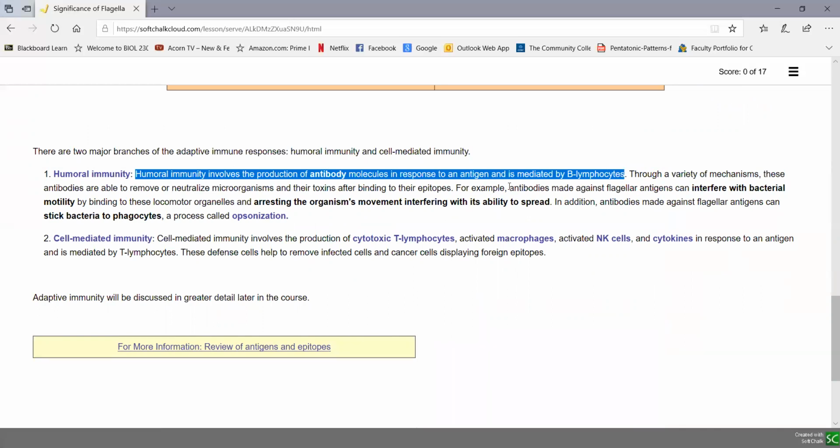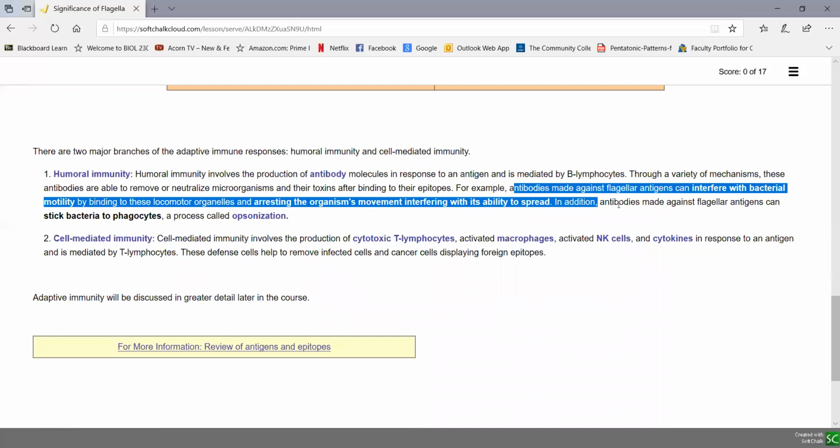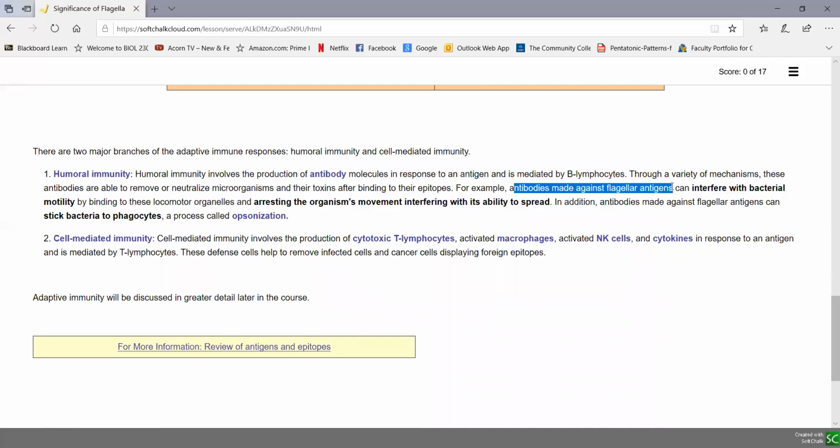So when antibodies are made against flagellar antigens on bacterial flagella, they can actually block or arrest motility by binding to the locomotor organelles. And by stopping motility, that might arrest the organism's ability to spread or to respond to the environment.